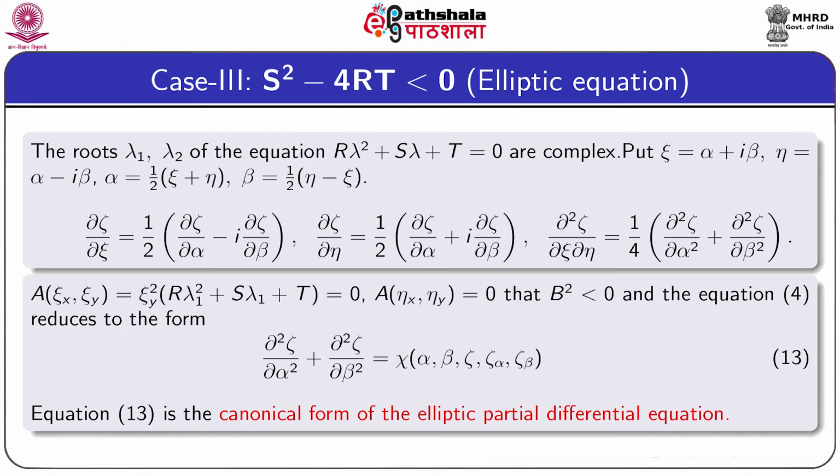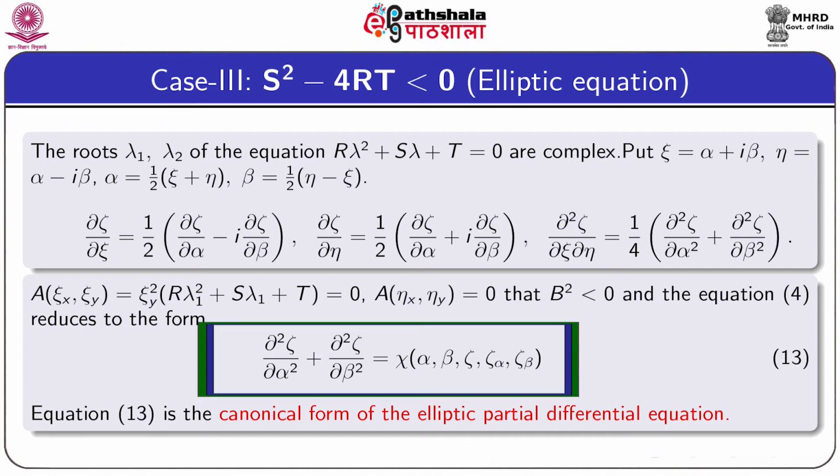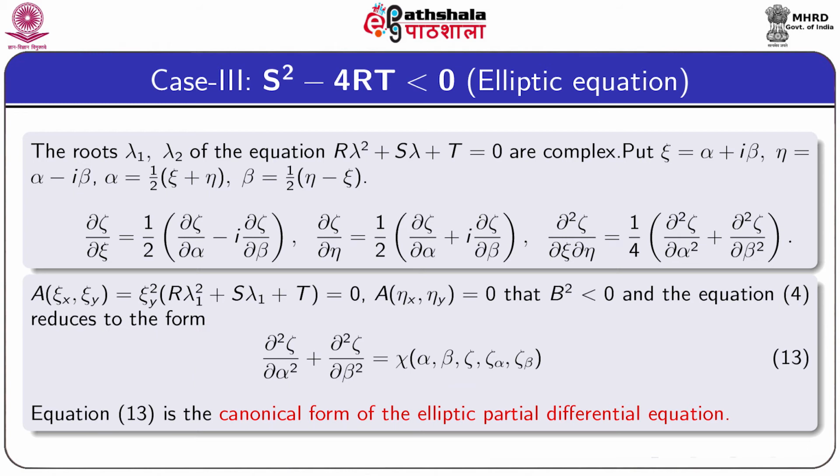So, the equation 4 reduces to the form del 2 zeta del alpha square plus del 2 zeta del beta square equals chi, which is a function of alpha, beta, zeta, zeta alpha, zeta beta.